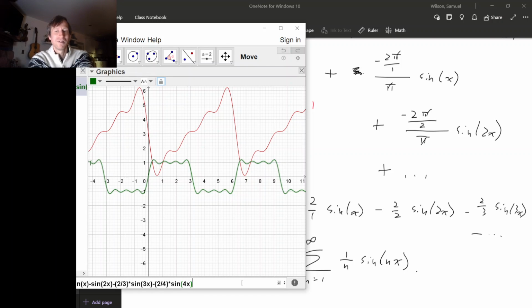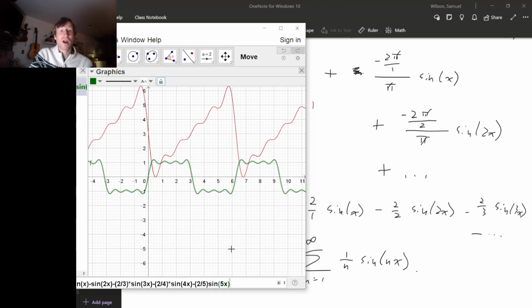Let's do one more. Minus 2/5 sine of 5x. And remember, our sawtooth wave starts at 0, 0, and then goes up like the function f of x equals x until we get to 2 pi, which is just a little bit bigger than 6, and then it drops back down to 0. So, right, we are getting the sawtooth that we started with.